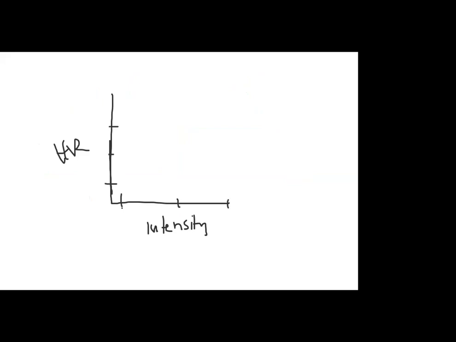So reasonable low heart rate, 60 beats per minute. Reasonable max heart rate, 200 for a 20-year-old. Okay, and we're just talking about low, medium, high intensity. So we know as intensity increases, your heart rate increases. It's a linear relationship. Okay, we already know that.